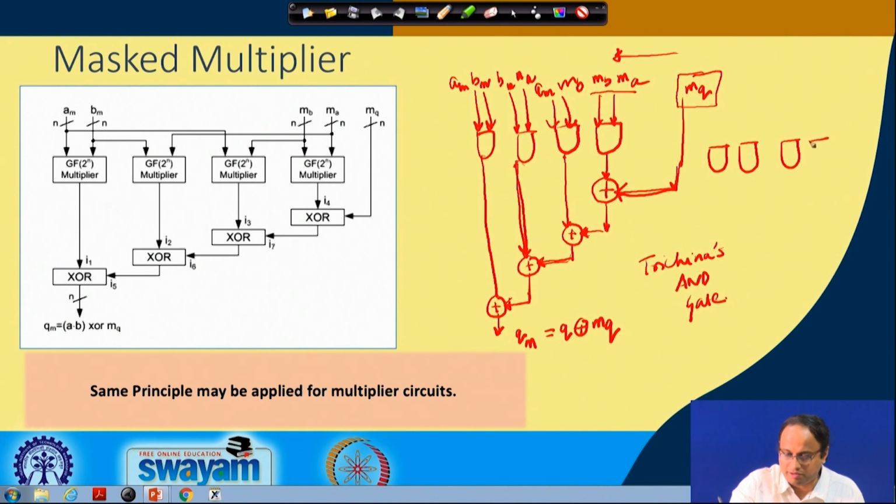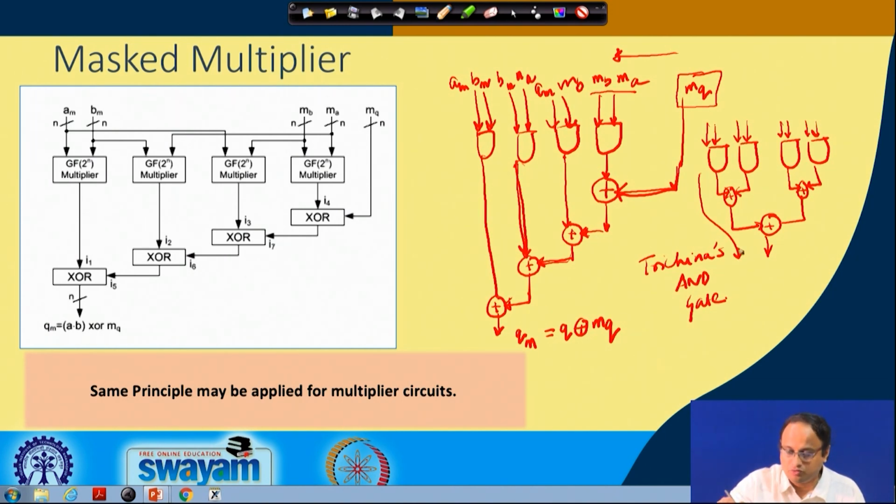So I may be tempted to say combine these two parts, apply an XOR here, and again combine these two parts, apply an XOR here, and then I would like to apply an XOR here. So you can see that this basically makes the circuit more balanced and also probably reduces the critical delay of the circuit.